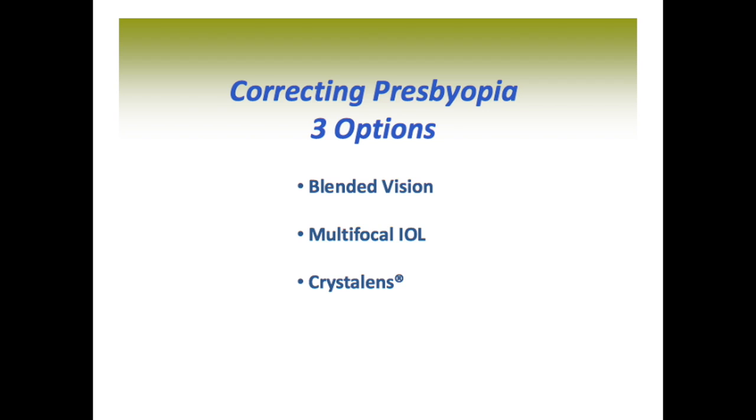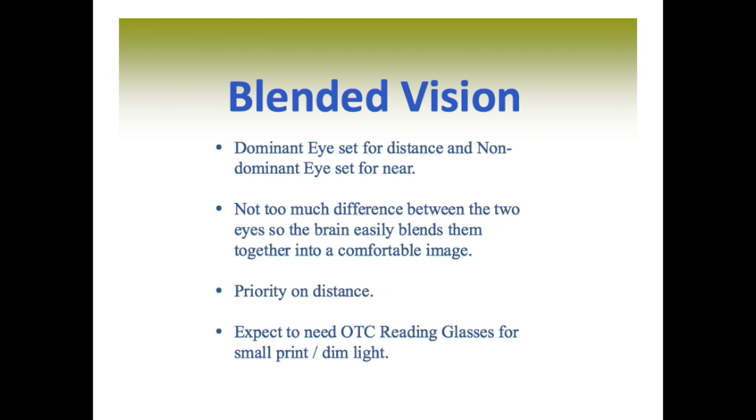With blended vision, what we're doing is taking the dominant eye, and which eye is dominant is a brain thing, not an eye thing, but one eye is more dominant in the brain than the other. And so preoperatively we determine which eye is the dominant eye, and we take that eye and set it for distance. And the non-dominant eye will set for near, without glasses.